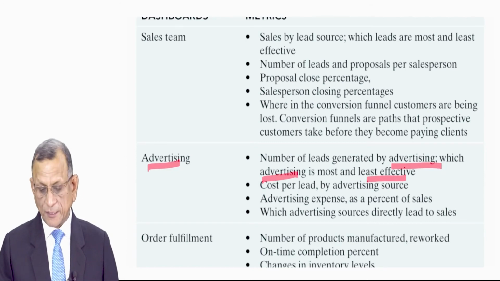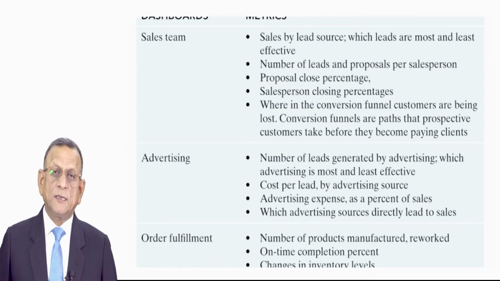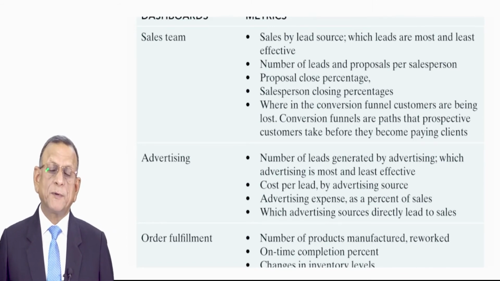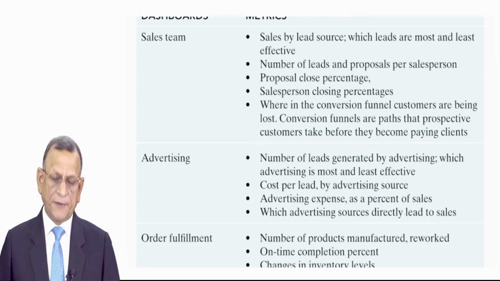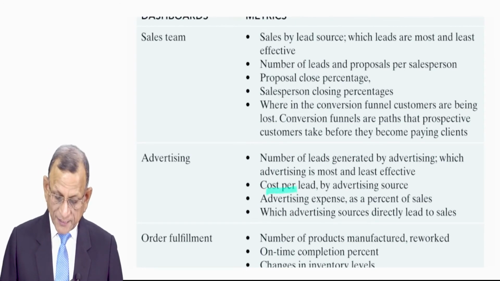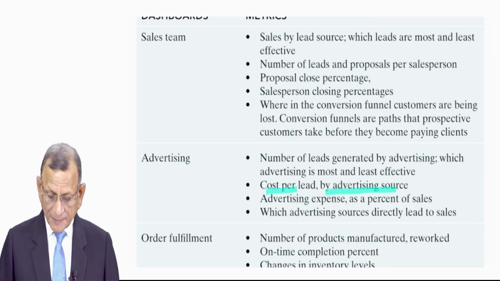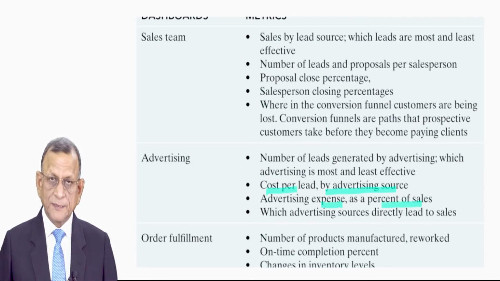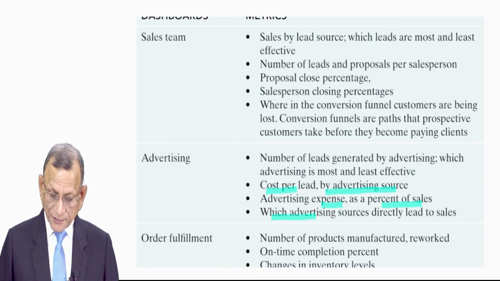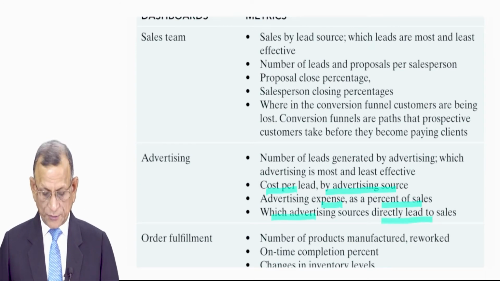We are advertising through various channels: TV publicity, banners, hoardings, e-publicity. Which one is most effective? Cost per lead by advertising source. Advertising expense as percent of sales. And which advertising source directly leads to sales.